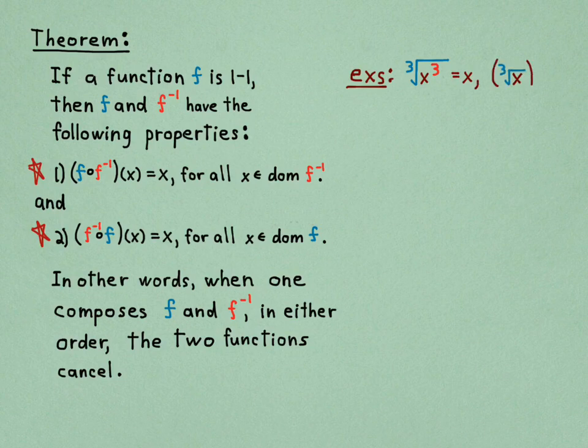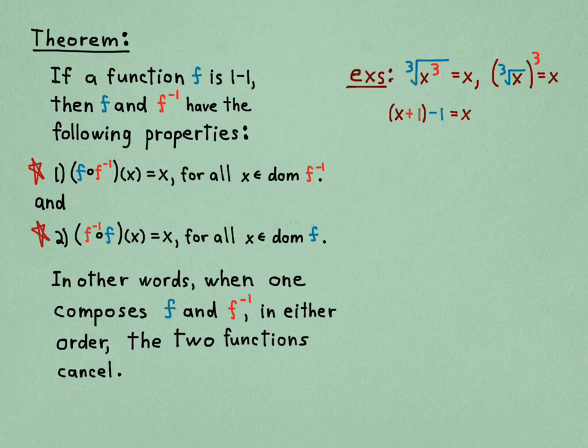If you compose them in the other direction, take the cube root of x, and take that quantity and cube it. So the inside function is the cube root and the outside function is the cube. They still cancel and you get x. So I compose them both ways, they canceled. That's what the theorem says. And so you can see the theorem in action in these specific examples.